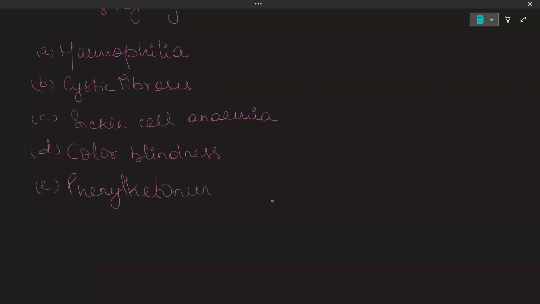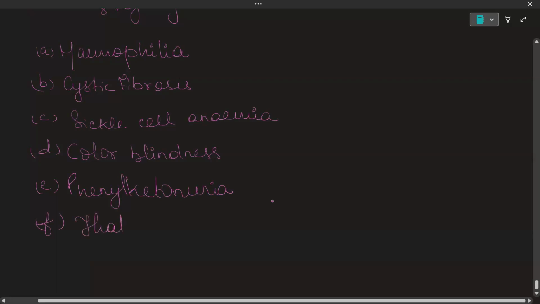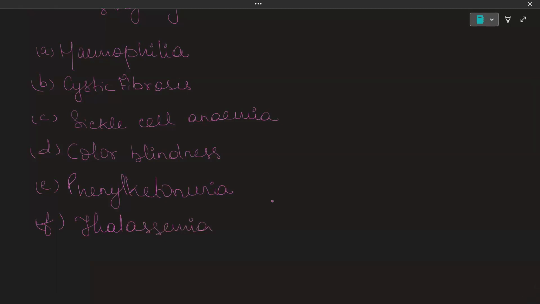And then comes thalassemia, and there are many more, but this much is in the NCERT. Okay, so these are the diseases that come under Mendelian disorders.